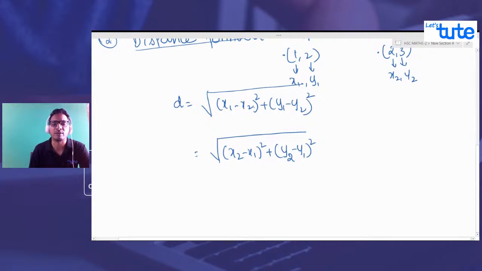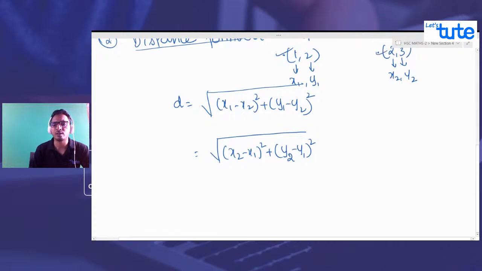Because at the end, when we are squaring, both will give us the same quantity. So this was the distance formula which we learned. We also saw the derivation, how it is derived. Okay, and we also saw some questions on how to find the distance between two points.